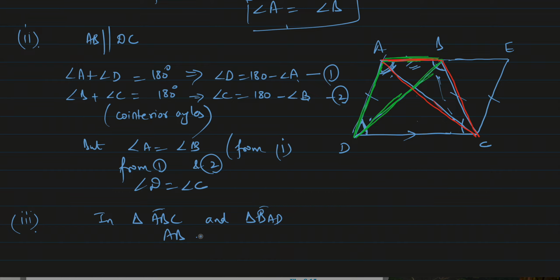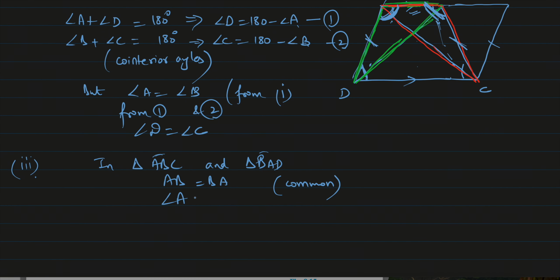So AB equals BA, that's a common side here in the triangles. And it's given to you that AD equals BC in the question. Plus we proved in first part that this angle A equals this angle B. So we have angle A equals angle B, proved in part 1.